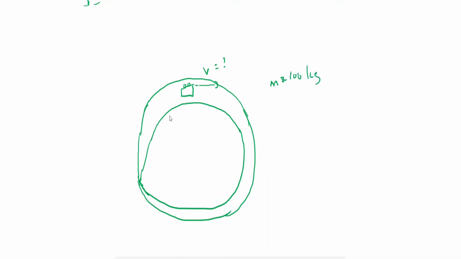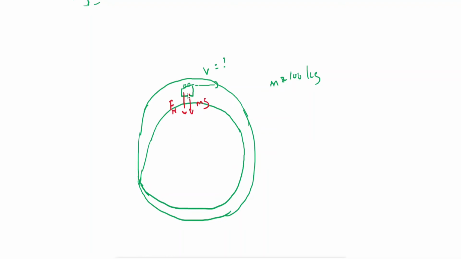If it moves at a particular speed v, there's a minimum speed v that it can move with, and that minimum speed is going to ensure that it stays in a circular path, because if it stands still here, it's just going to fall. Why would it fall? Because here there are two forces. Since there's a surface, there's a normal force, and then there's also mg.